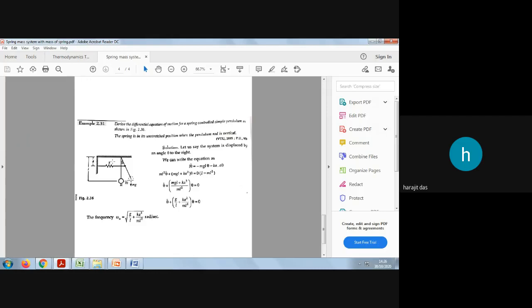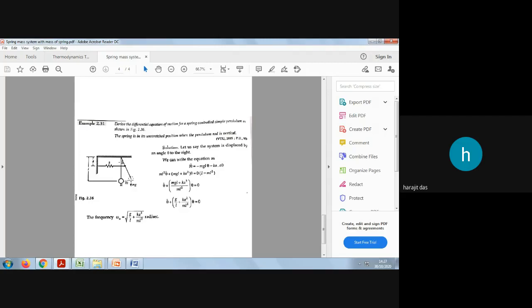Generally, if F is the spring force, then the expression of the spring force is F equals K into X. So what is X here? If you resolve this triangle, you will get K into A theta, because the spring constant is K and A tan theta will be this distance.